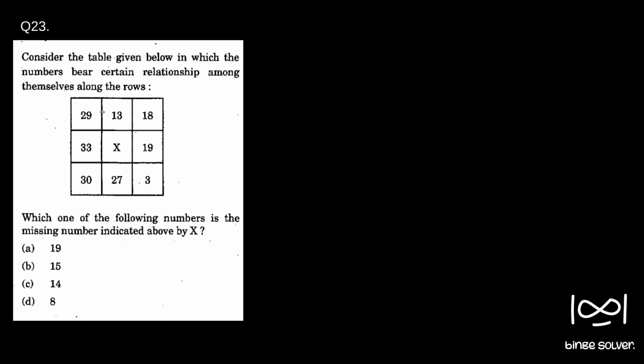So the sum of the rows is 60. A plus B plus C is 60. That could be a relationship. It applies here also. So 29 plus 13 plus 18 equals 60. Similarly, 30 plus 27 plus 3 equals 60.